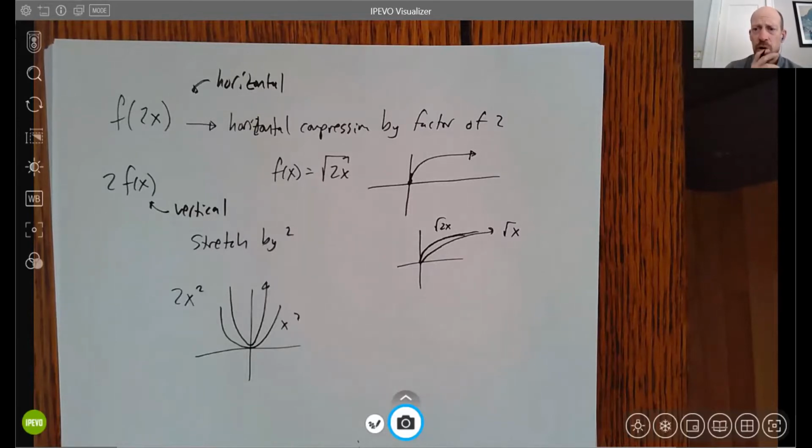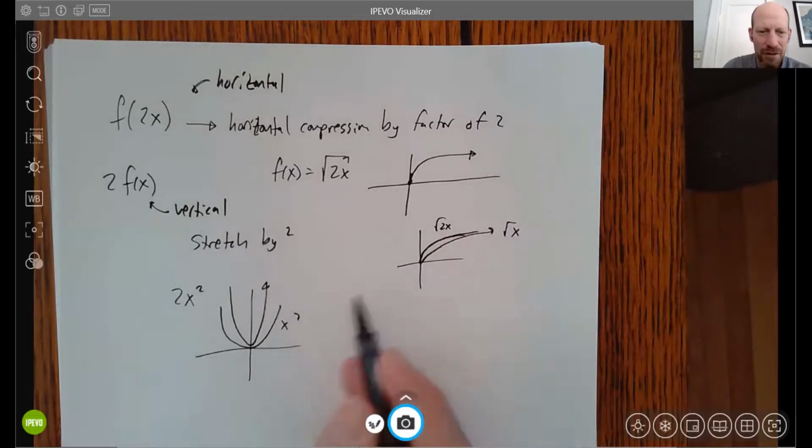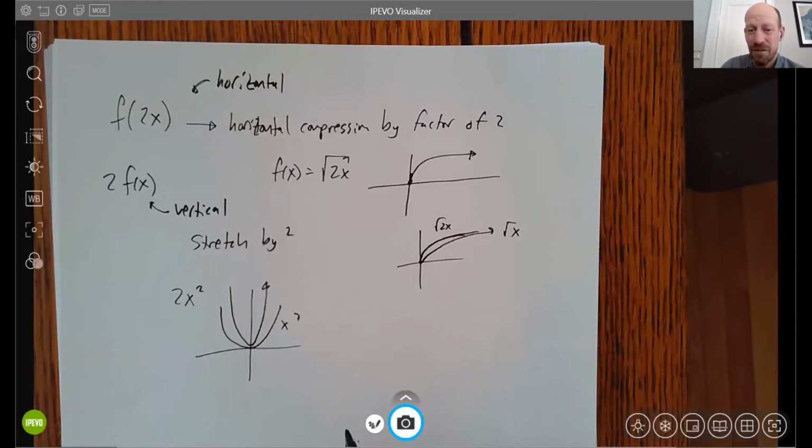Those are more important to me, partly because when we shift and reflect, we can really almost know exactly what our new graph looks like. When we start stretching and compressing it, you can see even from my graphs here, they kind of lose their precision, right? They become pretty estimates, and it's not bad to have an estimate, but it's not as valuable as having the exact thing.